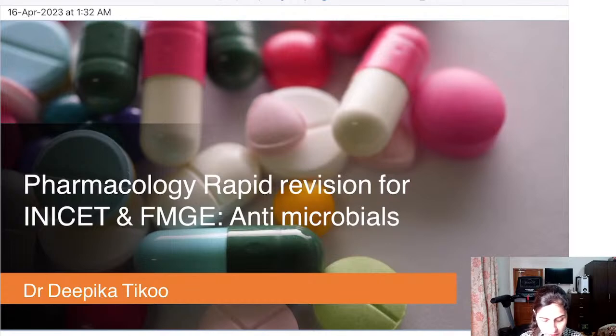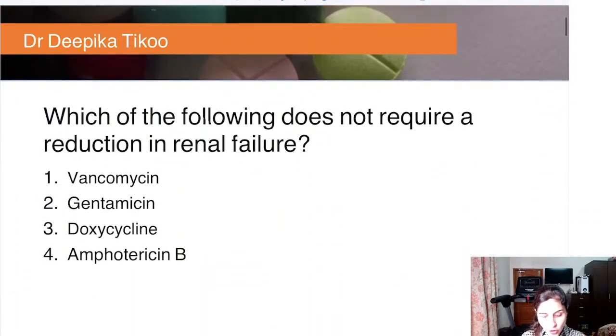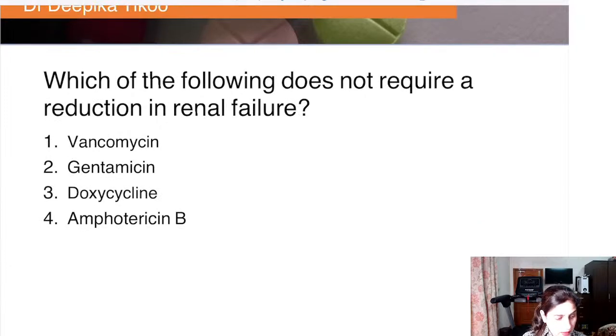So let's start with a few questions which have already been asked in previous examinations. We'll be focusing on those exams and simultaneously revising the topics around those questions, right? So, the first one is: which of the following does not require a reduction in renal failure?